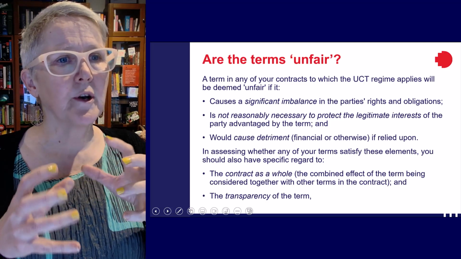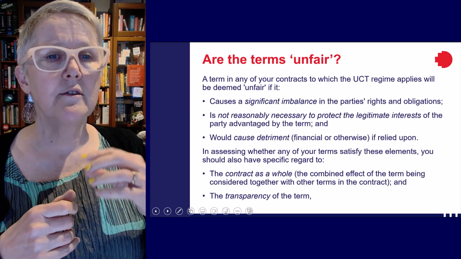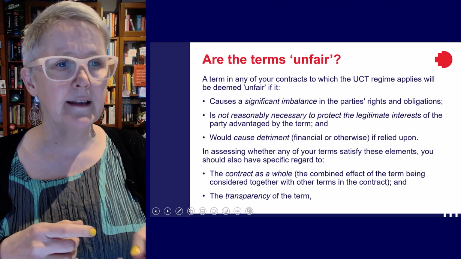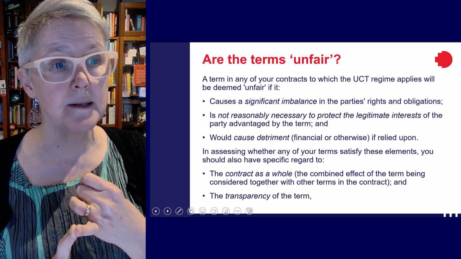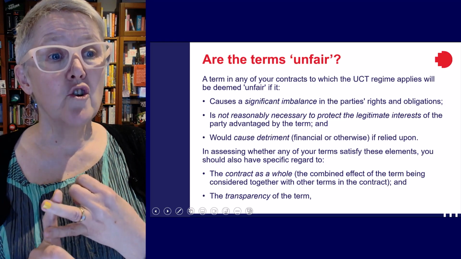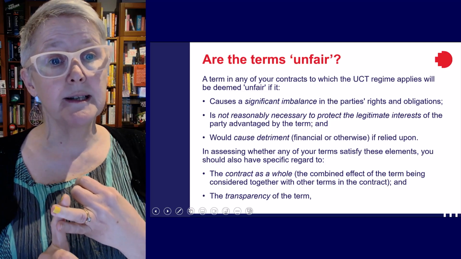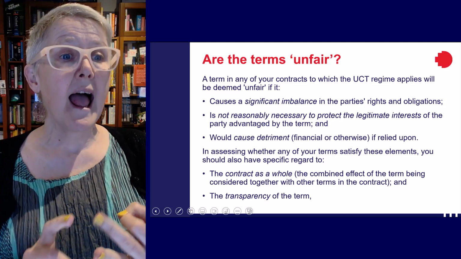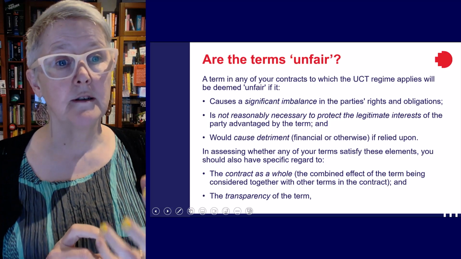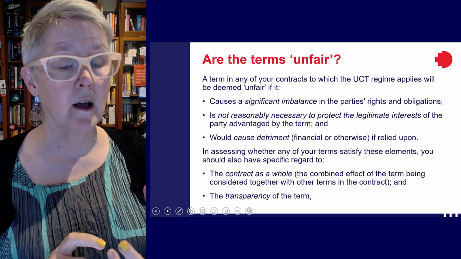Basically, terms will be deemed to be unfair if they cause significant imbalance in the parties' rights or obligations, the term is not reasonably necessary to protect the legitimate interests of the party advantaged by the term, and it would cause detriment, financial or otherwise, if it was relied upon.